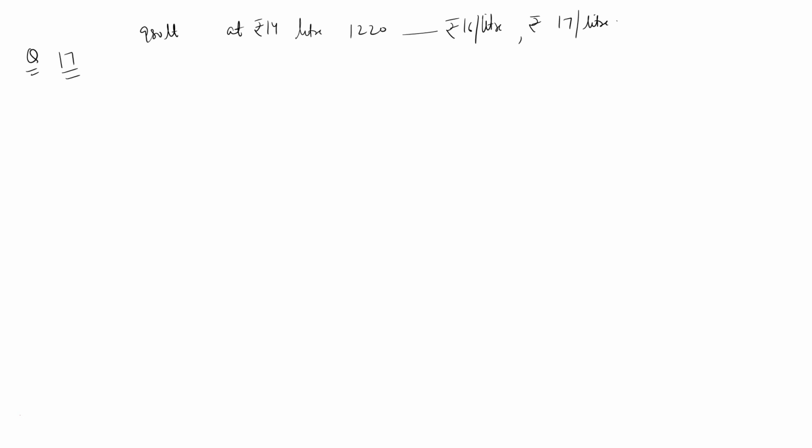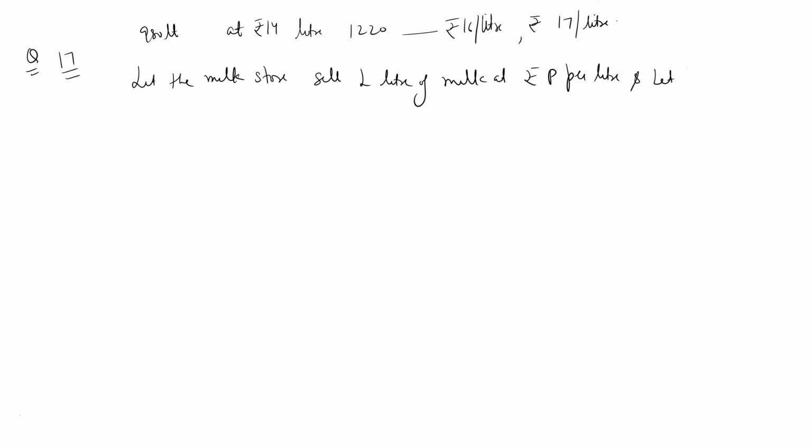Okay, so solution here is that let the milk store suppose sell L liters of milk at rupees P per liter and let the linear relationship between L and P be of the mx plus c type.